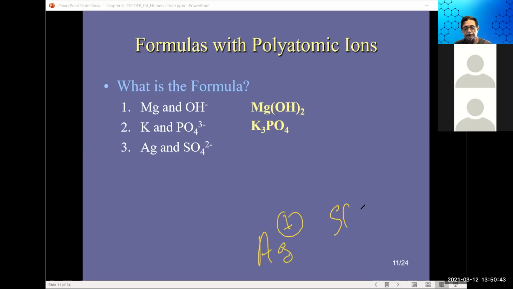And then we're given the sulfate with a -2 charge on it. That tells me I need two positive silvers per sulfate. And so our formula becomes Ag2SO4. Again, I only needed one sulfate, so no parentheses.